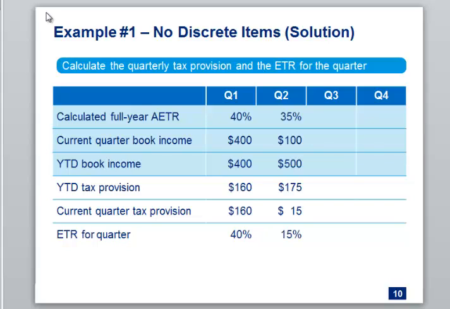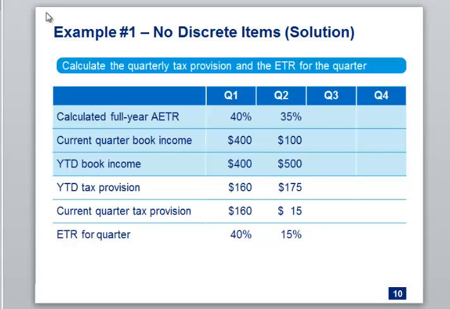Okay, so now I get to Q2, and I say my annual rate is 35. I apply 35 to my year-to-date income. My year-to-date income is 500. So that means my year-to-date provision is 175. I booked 160 already in Q1.